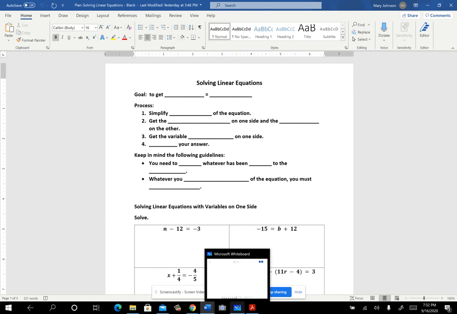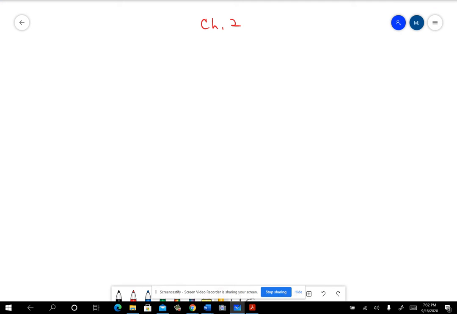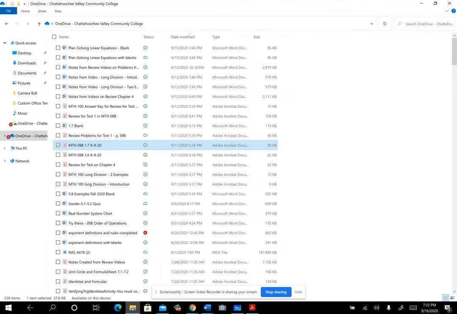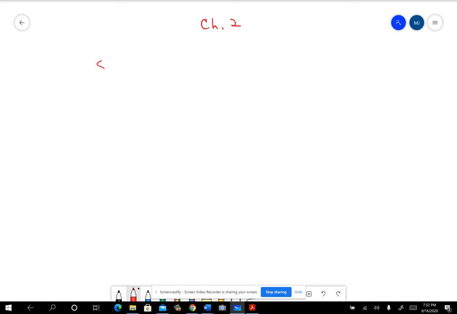Before we start that, I just want you to have the big overview for Chapter 2. That's our next unit. In Chapter 2, one of the big ideas is solving linear equations in one variable.